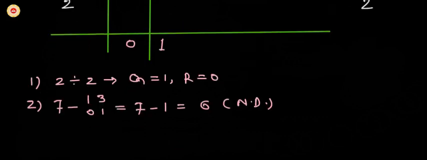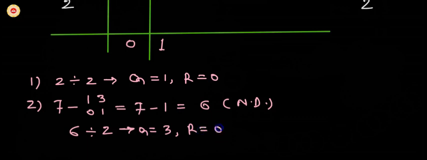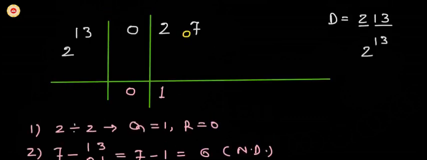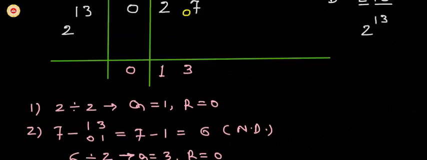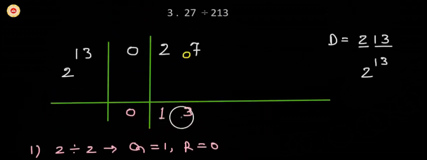Now friends, divide net dividend 6 by actual divisor 2, which gives us quotient 3 and remainder 0. Write quotient 3 below gross dividend 7 and write remainder 0. Where to write? We need decimal places more than 2.